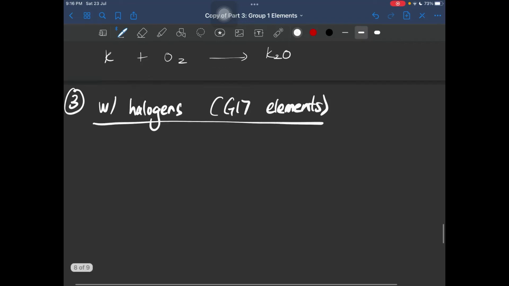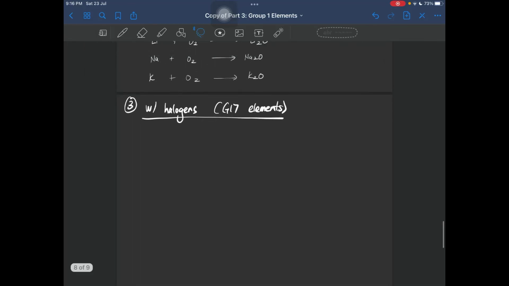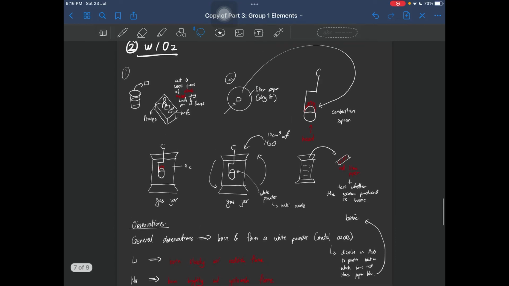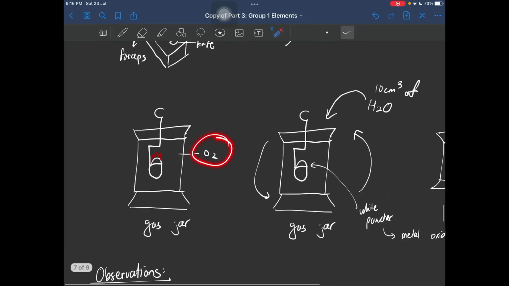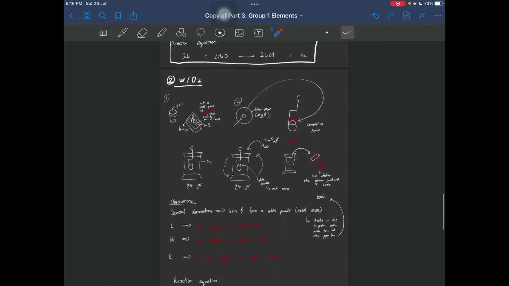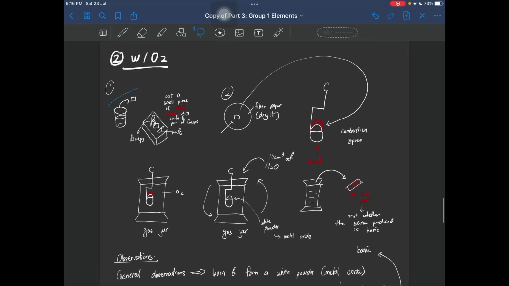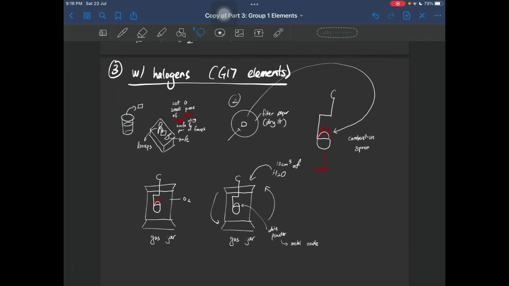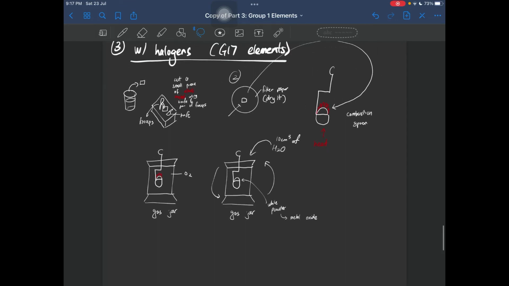This third reaction is actually the same as the second reaction, except we substitute the oxygen with a halogen gas, which in this case would be chlorine. So we can just copy and paste the entire procedure, because it is going to be the same.